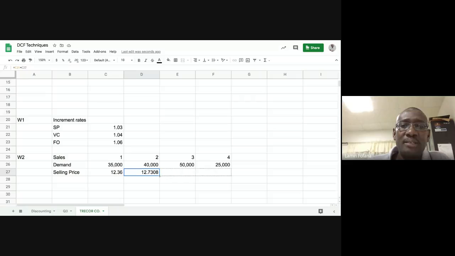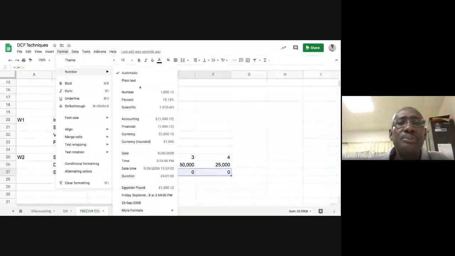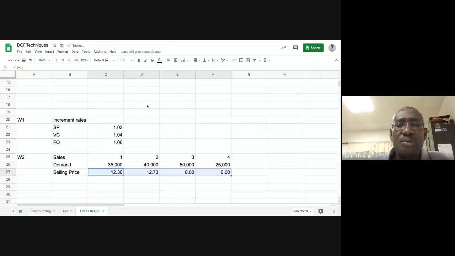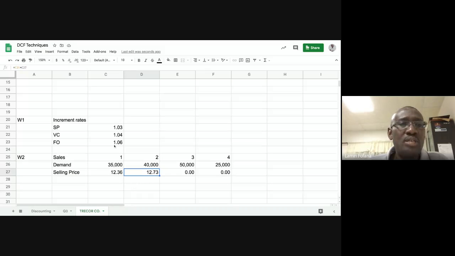But if we copy, we have 0. What's the problem? If I've not forgotten, I think we need to make it absolute. Good. We need to make the increment rate absolute because it's not going to change with any of them.